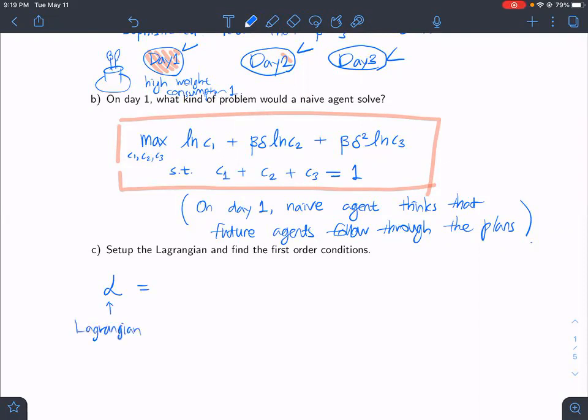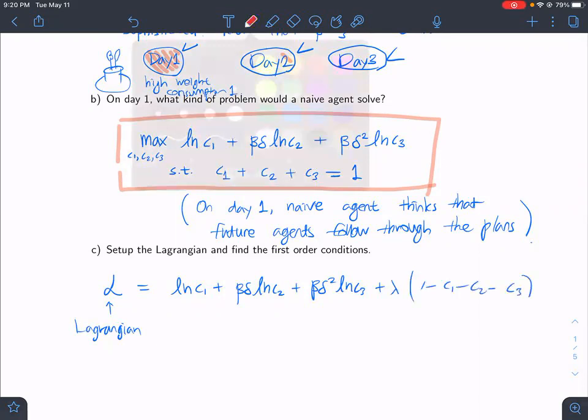Then we have what we want to optimize: beta delta log of C2, beta delta squared log of C3, plus lambda times 1 minus C1 minus C2 minus C3.